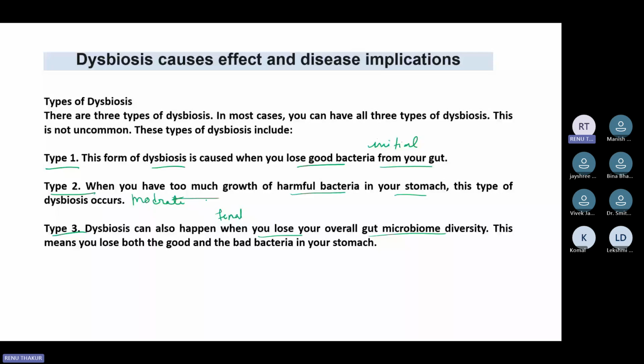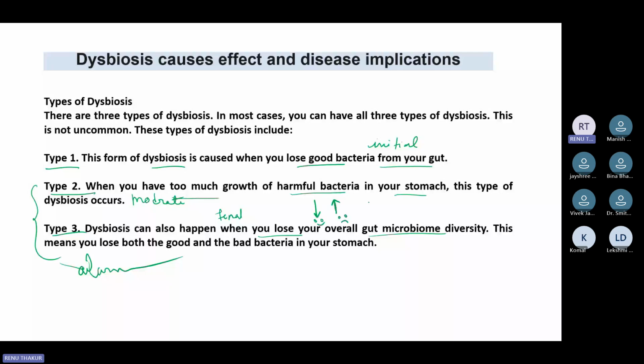So if your normal gut microflora is disturbed, with a slight decrease in the population of good bacteria, then it is type 1. If too much harmful bacteria is present in your body instead of good bacteria, the reverse, where the amount of good bacteria is low and the amount of bad bacteria is high, then you can have type 2 dysbiosis.